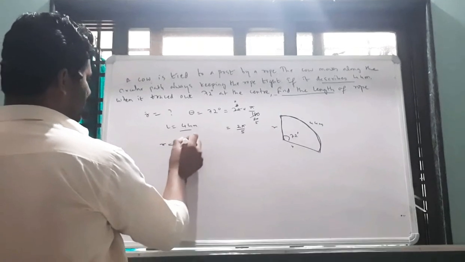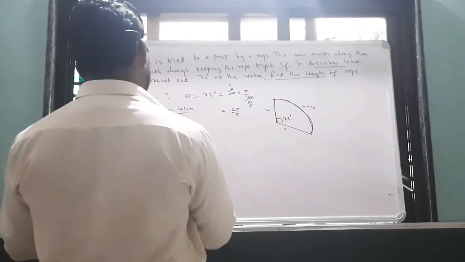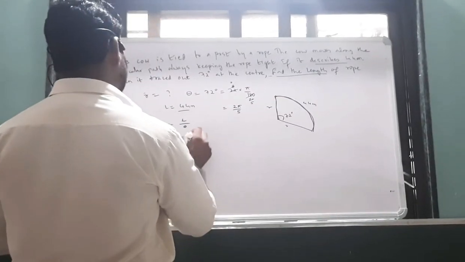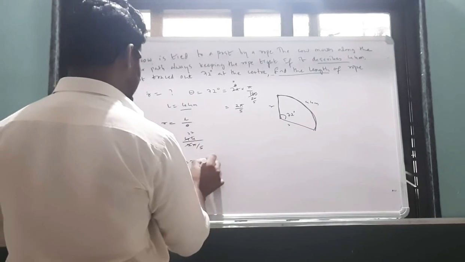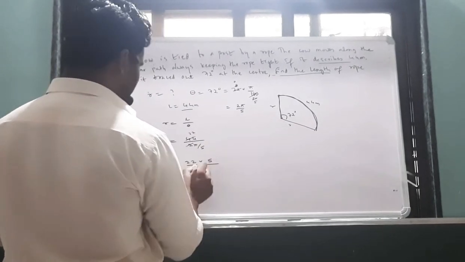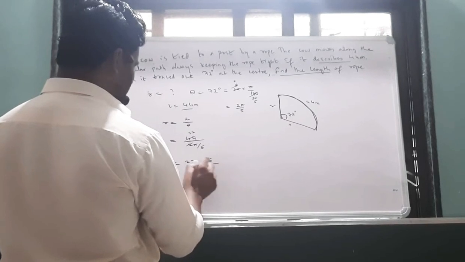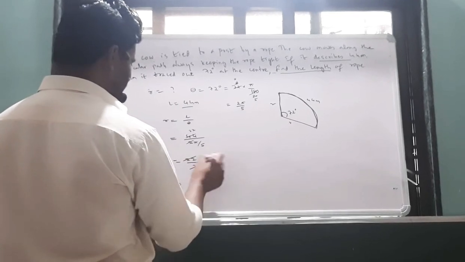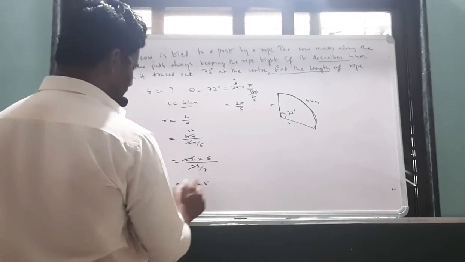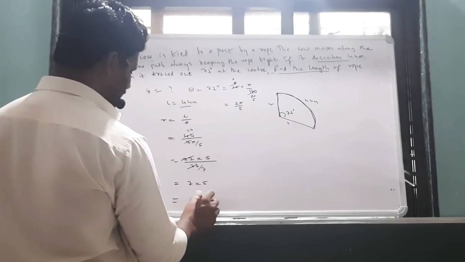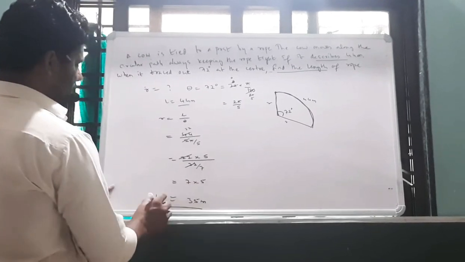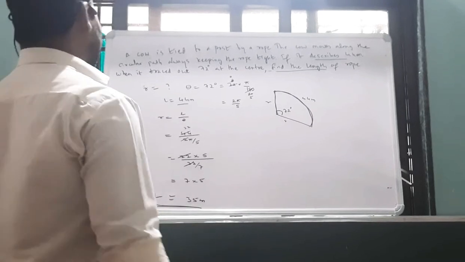Using the formula, r equals L by theta, that is 44 into 5 divided by 2 pi, with pi as 22 by 7. 22 will cancel, and 7 into 5 is 35 meter. Length of rope is 35 meter.